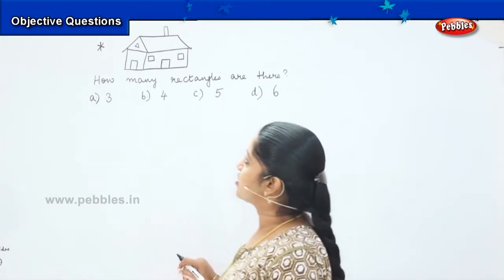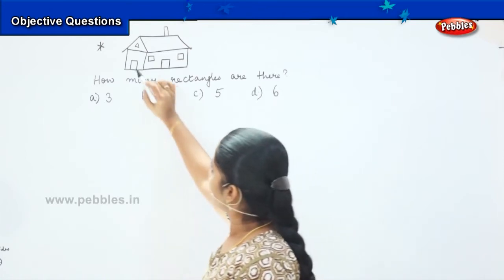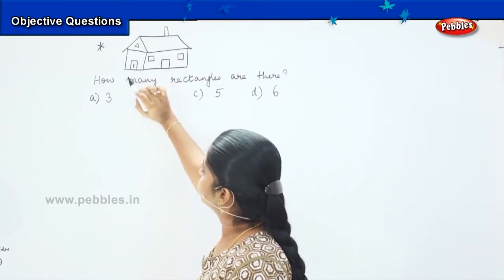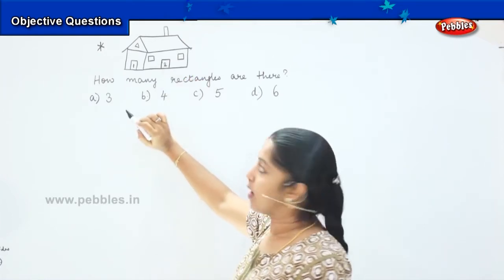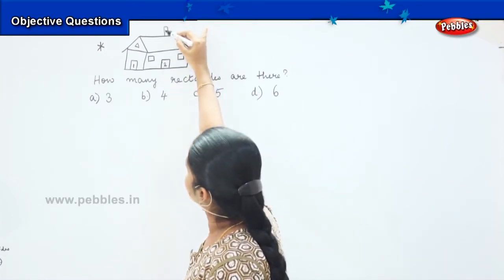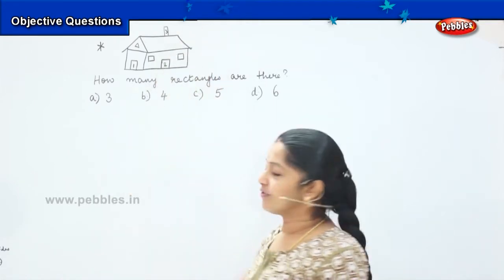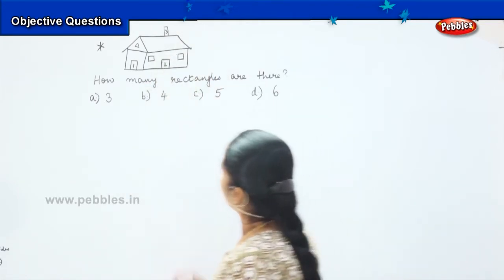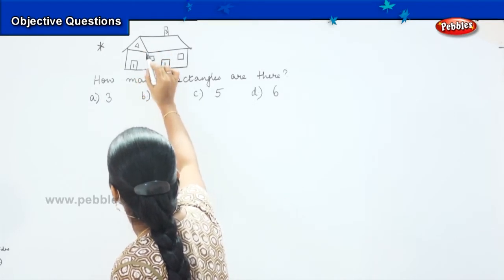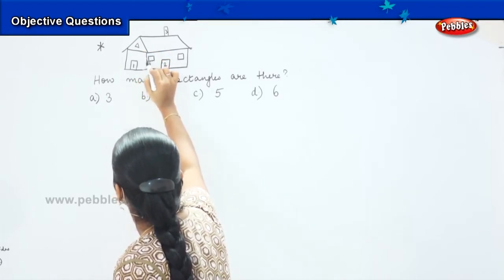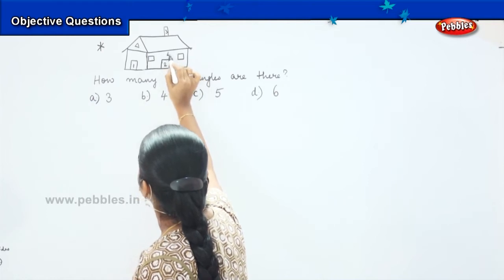So where is my first rectangle? This is my first rectangle. This is my second rectangle. Where is the third one? Yes, it is the chimney, the third one. Where is the fourth rectangle? The fourth rectangle is my house. So, this is my fourth rectangle.